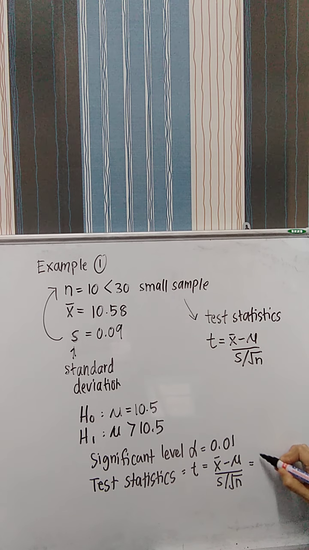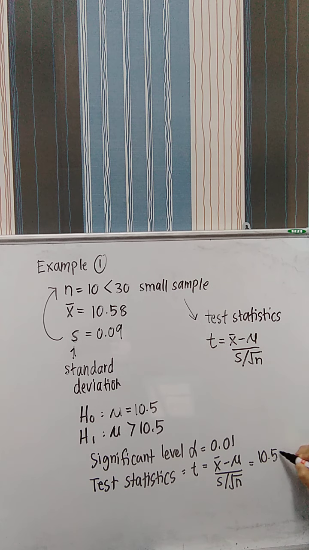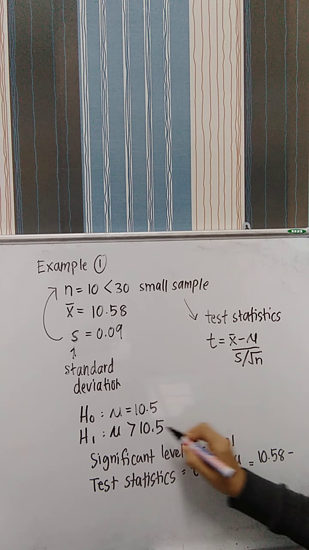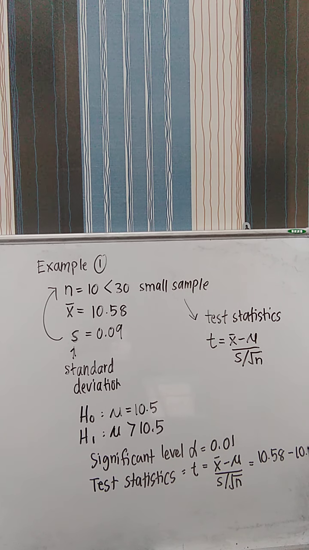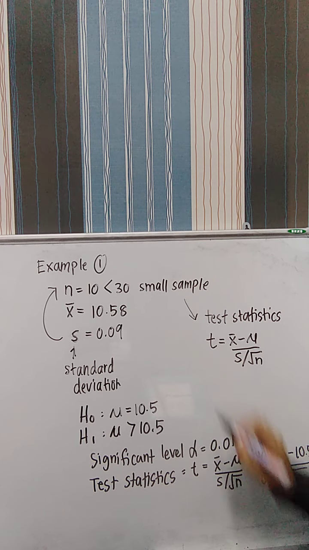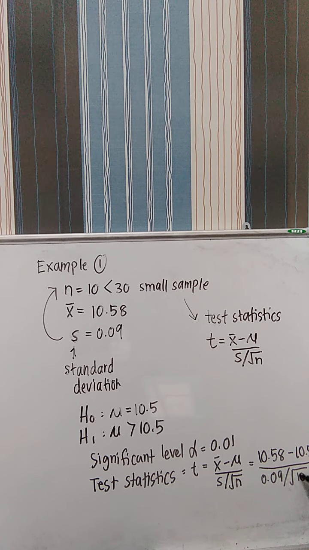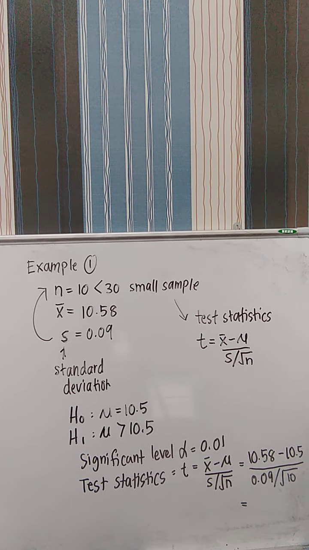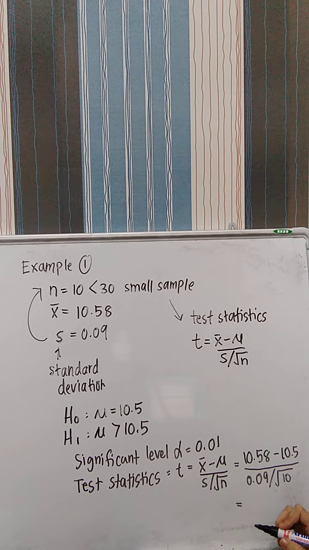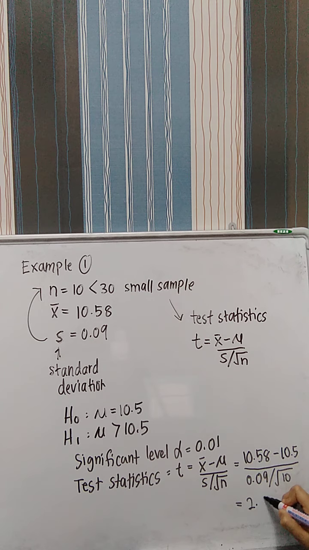The x bar is 10.58 minus the mu, 10.5, divided by s, 0.09, over square root n, where n is 10. Then you calculate, and the final answer is 2.81.